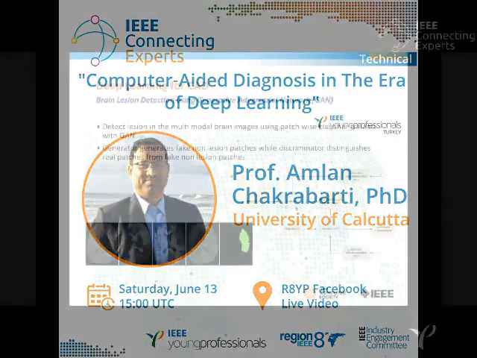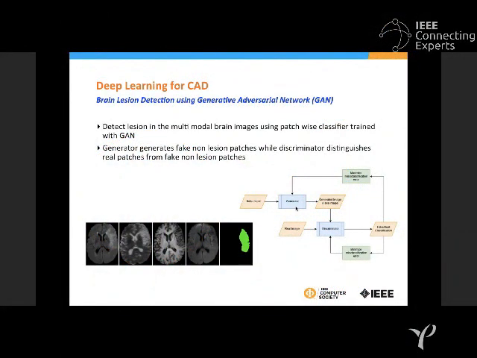There is something called a generative adversarial network, or GAN, and this is also heavily used. A generative adversarial network is used to find the finer features in the image. The concept here is that you can always generate a fake feature set, fake in the sense that it is very close but not exact, and then find how this fake feature set and the actual feature set get differentiated.